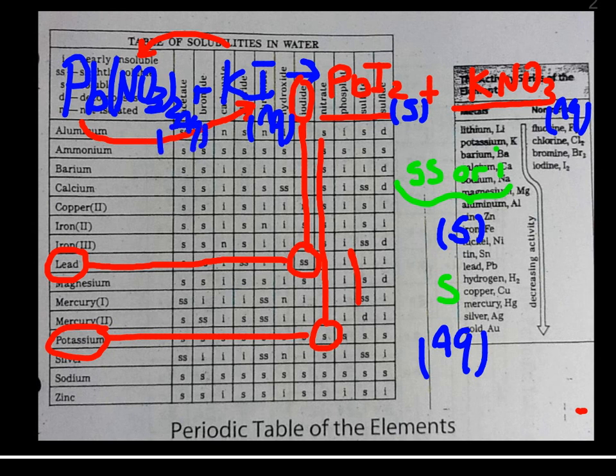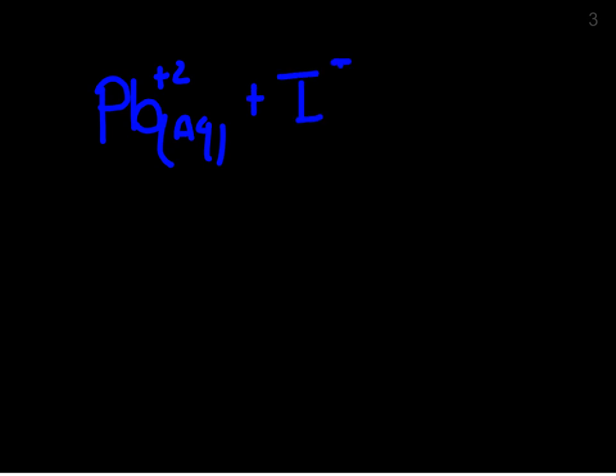And you can figure out, all right, the potassium was a spectator because it didn't change, the nitrate was a spectator because it didn't change, so the basic net ionic equation out of this whole thing would be Pb2+, which was aqueous, dissolved in water, plus an iodide ion, aqueous, dissolved in water.